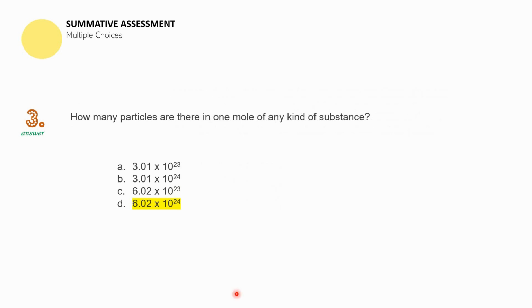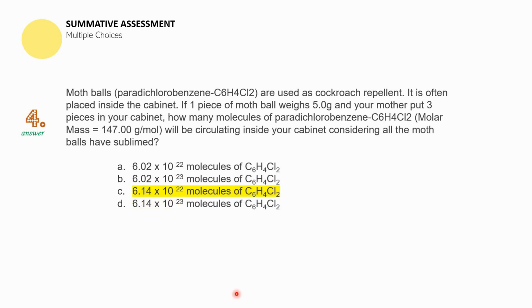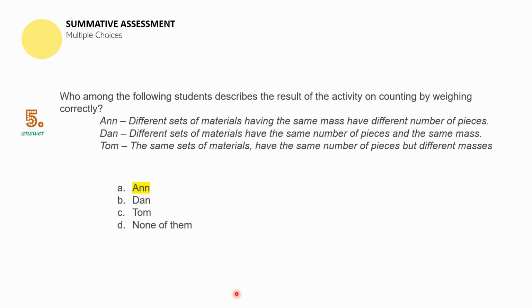Question number 4. The answer is 6.13 times 10 raised to the 22nd power molecules of C6H4Cl2. The answer to question number 5 is A: different sets of materials having the same mass but different number of pieces.